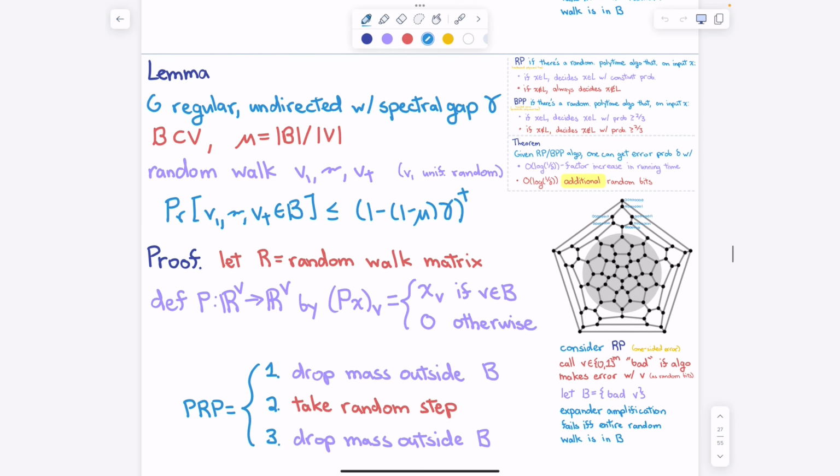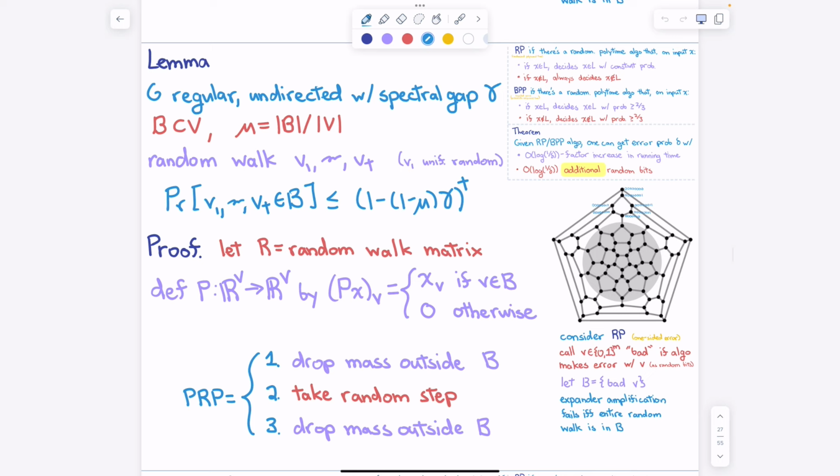One clever thing was that rather than analyzing just the random walk matrix R, we included this projection matrix where we drop the probability mass outside the bad region. So now PR is you're walking around, but you're just killing off everything that leaves the bad region. And over time, you're left with how much probability mass is left in the bad region. So that's what we did.